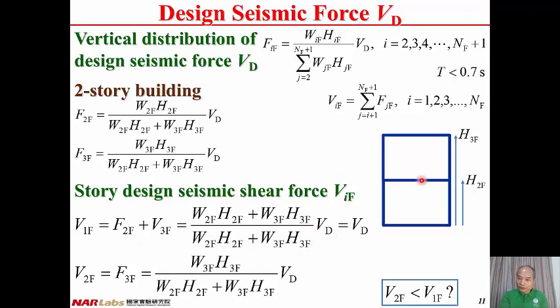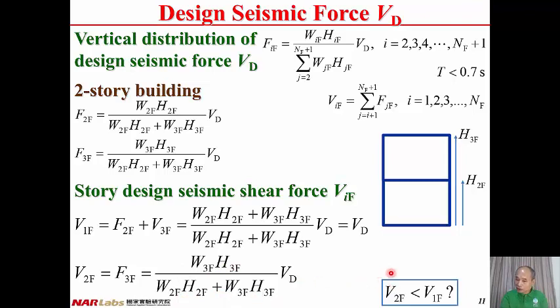And for the second floor, the seismic shear force of the second floor equals the seismic force at the roof. Therefore, V2F equals F3F, which equals W3F H3F divided by W2F H2F plus W3F H3F, times Vd.